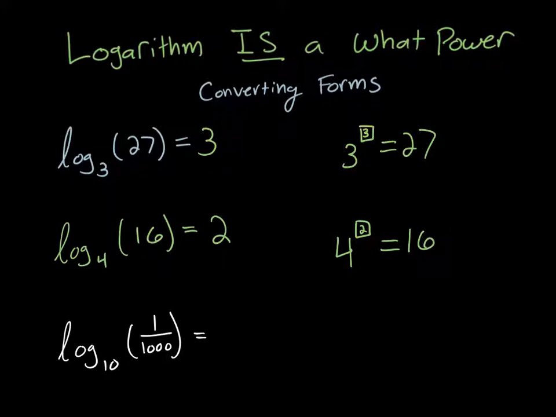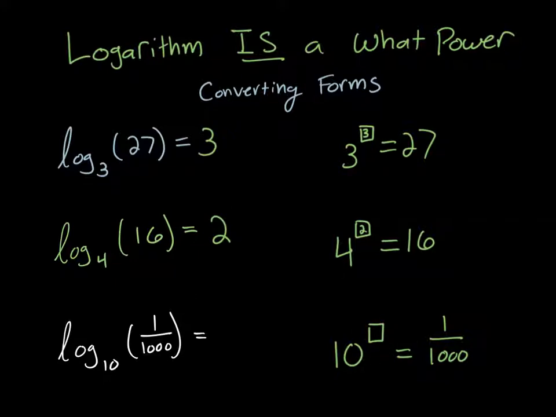This last one's a little bit more tricky because it still is log base 10 of 1/1000 is what? So it's 10 to the what power is 1 over 1,000? And in class we've talked about if I want to make a number into a denominator, the exponent has to be a negative number.